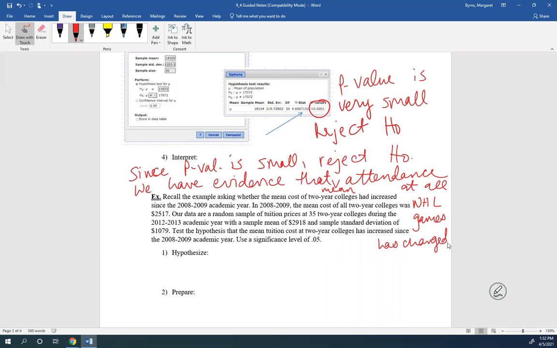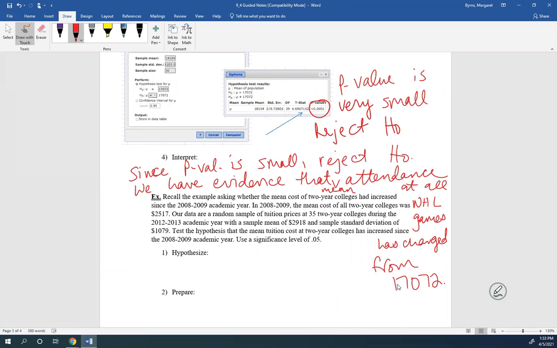What has it changed from? The original mean that we thought it was. We were comparing it, remember, to that 17,072. So it has changed from 17,072. It'd be interesting to run this test today, seeing as we're in the middle of the pandemic. But imagine it's changed quite a bit since then even.